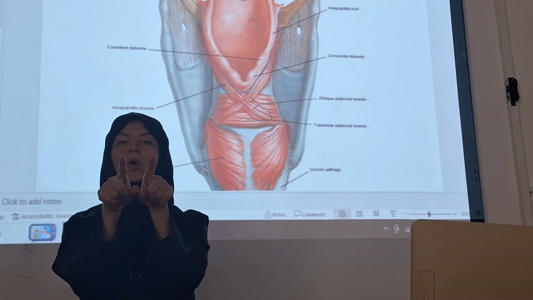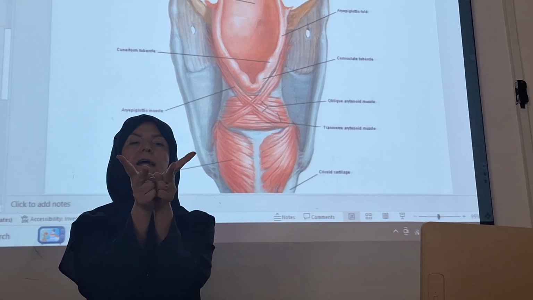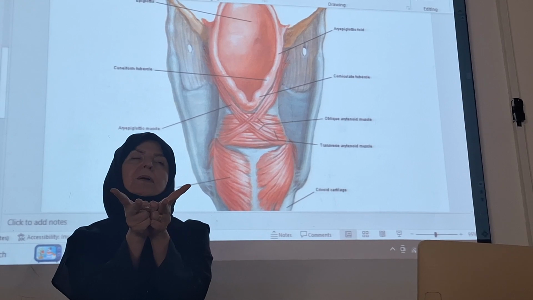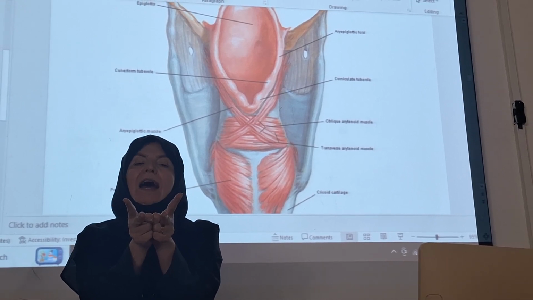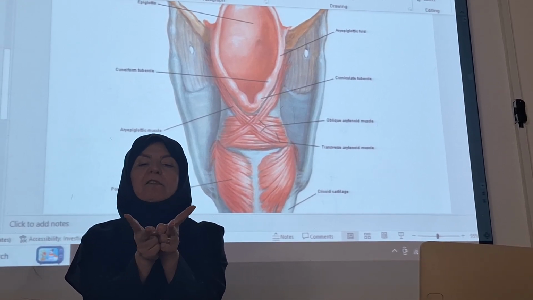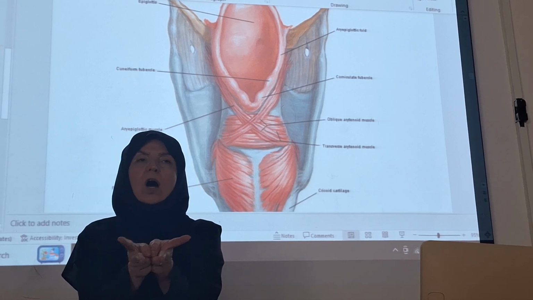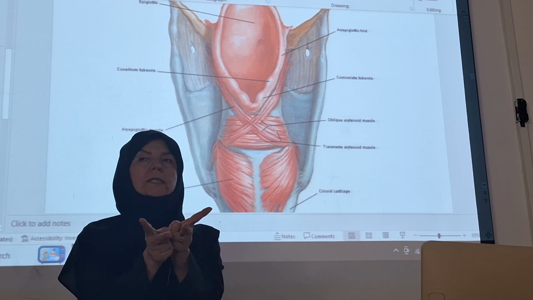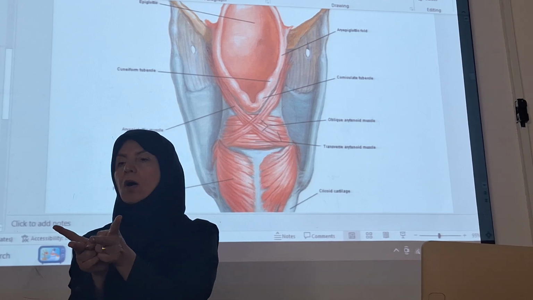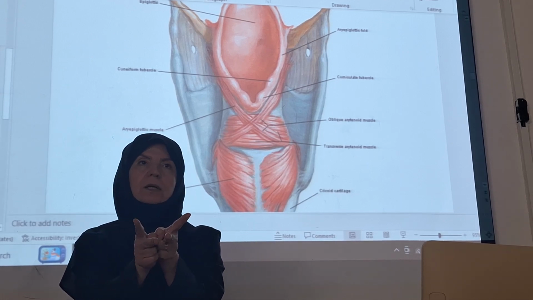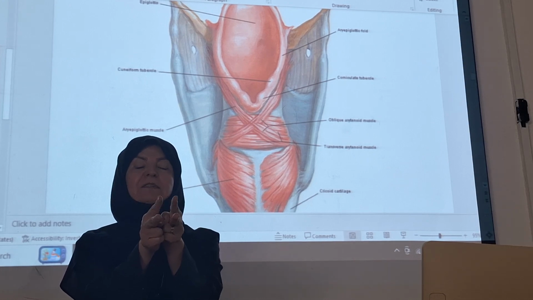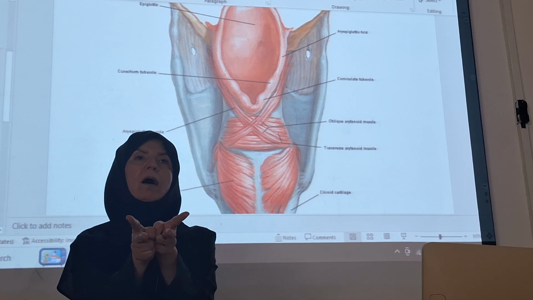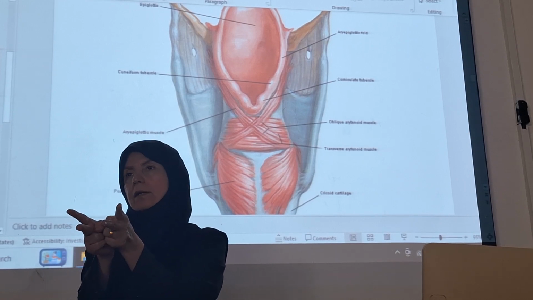Vocal cords are here near the midline, and vestibular cords are here, far from the midline. The space between the true vocal cords we call the rima glottidis. And the space between the vestibular cords we call the rima vestibuli.